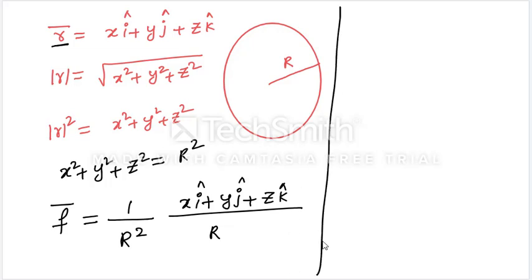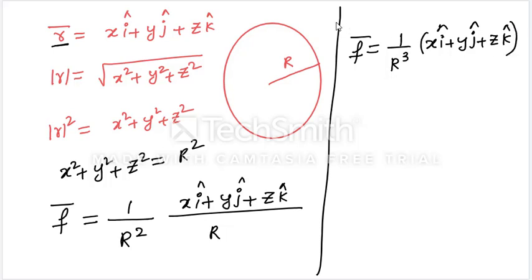So finally the given vector F is 1 by r cube into xi plus yj plus zk. This is the given function. Understood up to here?